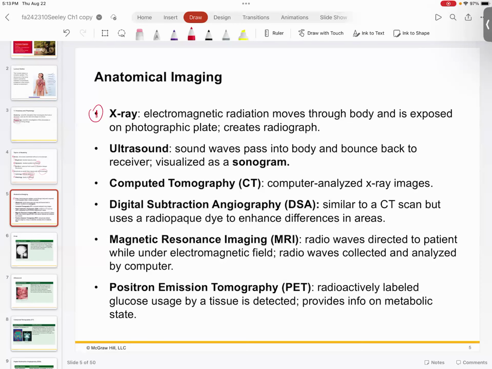It changes as it goes through the more dense bone, for instance, and the less dense soft tissues. Then you capture it on a photographic plate, and you see the image. If you can get variation between the densities of the body tissues, you can see the different body structures. That's what an X-ray is.